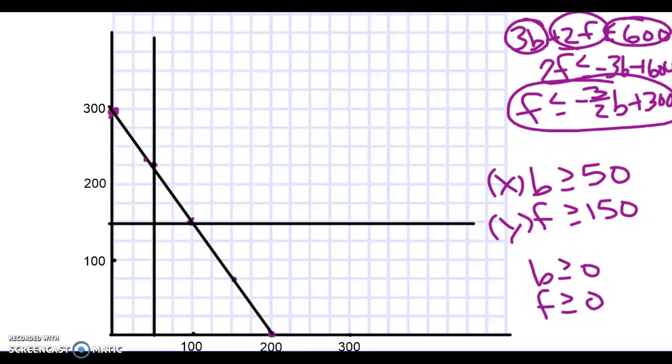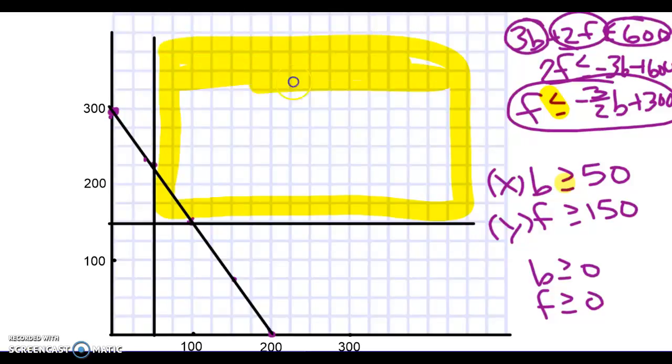So let's shade, because we don't really know where we're shading. I'm going to change my pen to look like a highlighter. So I've got less than or equal to that diagonal line, so that's going to go down here. And then it's also going to be greater than or equal to 50 on the X, so it's going to be on this side here. You've got this little region going on right now.